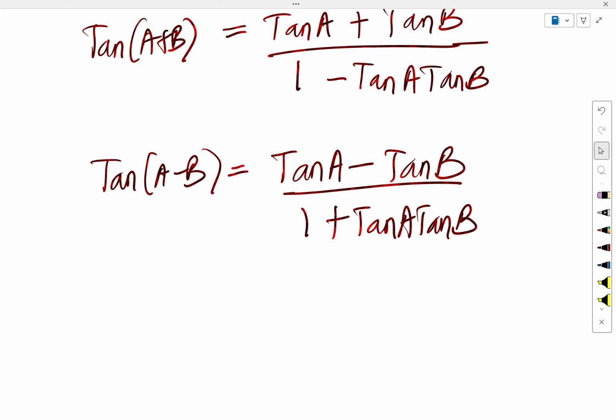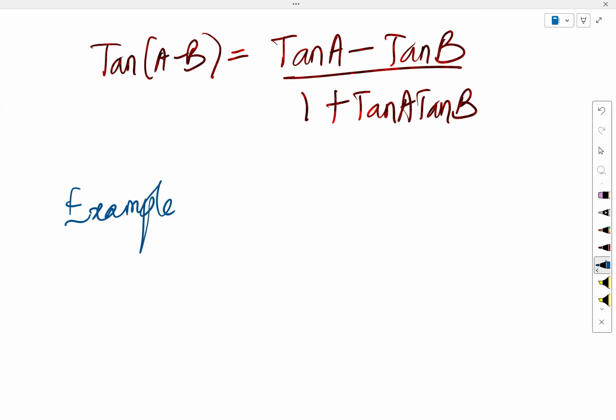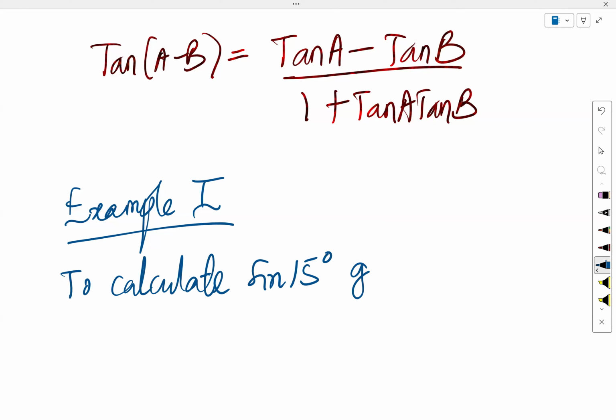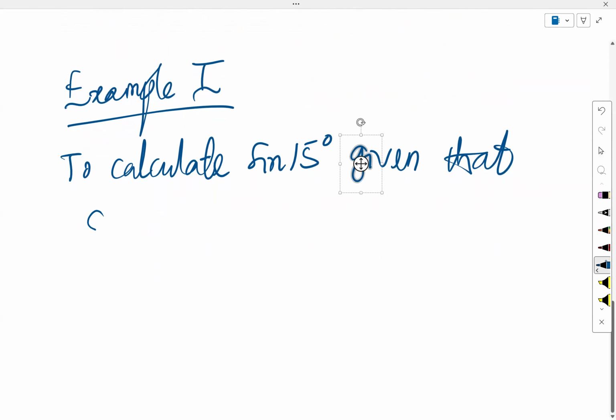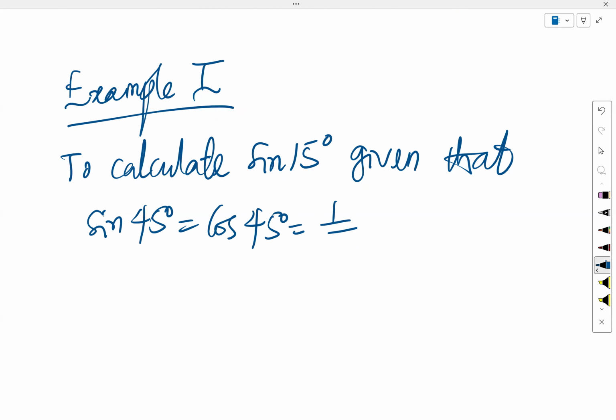So for instance, let's take a first example. Example one. You want to calculate sine 15 degrees, given that sine 45 degrees is equal to cos 45 degrees, and that is equal to 1 over root 2.